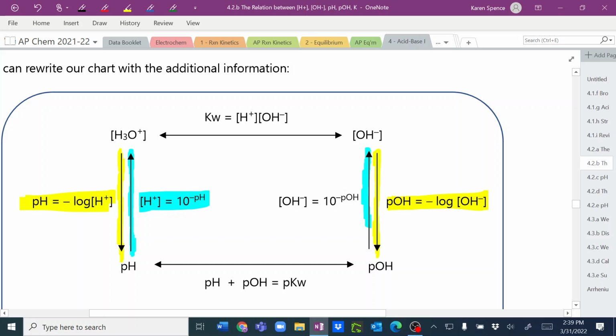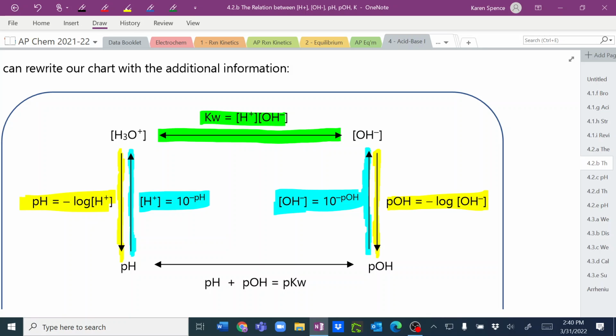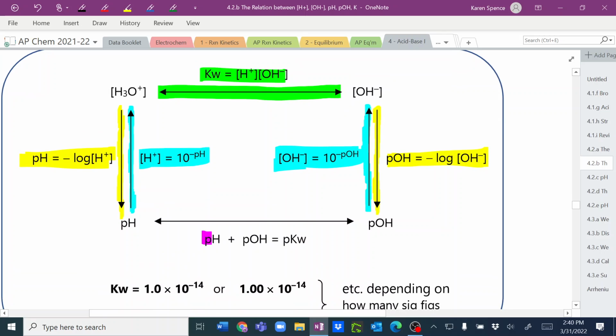Yes? And then, of course, hydrogen and hydronium are connected by Kw. And lastly, I think I have one more highlighter color. Yes, I do. pH and pOH are connected by pKw. Is that good? Okay.